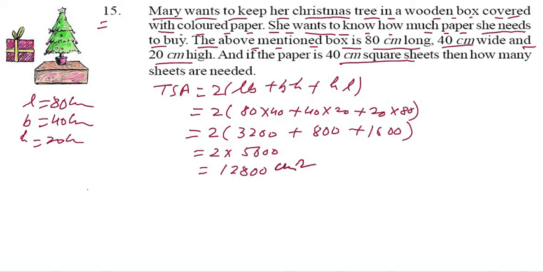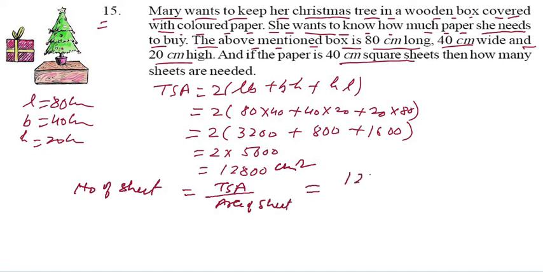So number of sheets is equal to TSA divided by the area of one sheet. So TSA is 12800, and the paper is 40 centimeter square sheets.